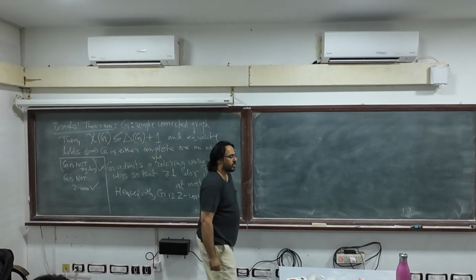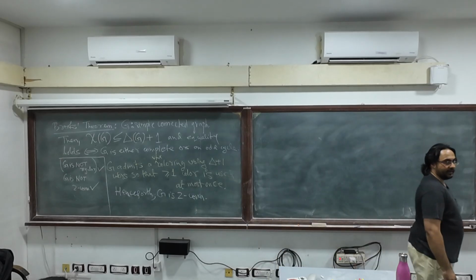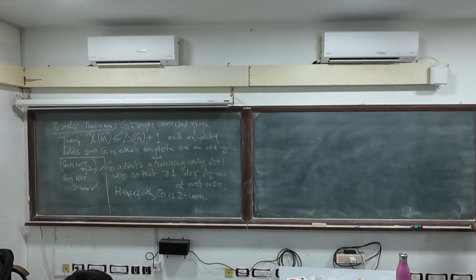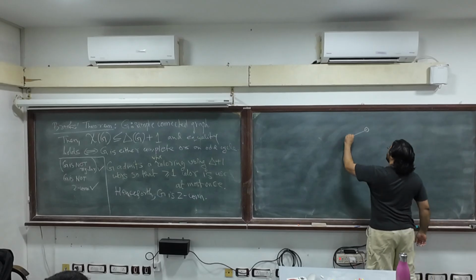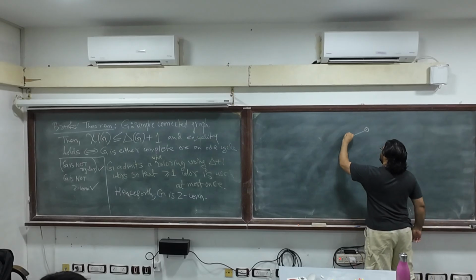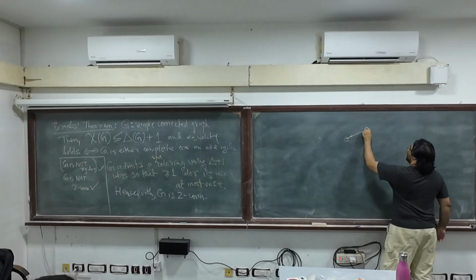Okay. Let's go back to our spanning tree again. As I said, everything is spanning tree. Now I like to draw it like a tree because it has some advantages.